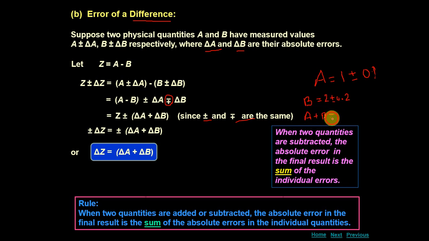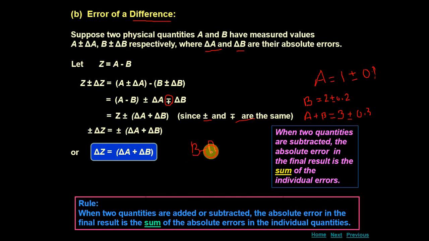So A plus B, what you will do here, A plus B will be simply, you see the actual values, they are going to get added, that is 3, and the absolute errors, 0.1 and 0.2, are going to get added. So the result would be 3 plus minus 0.3. Now if I want to write B minus A, how will you write B minus A?